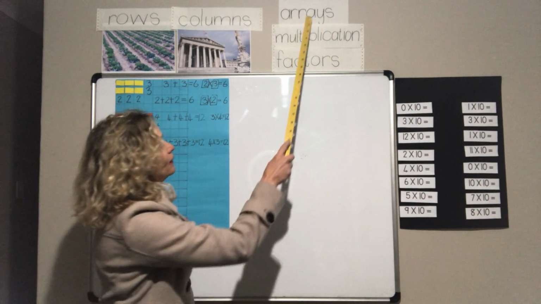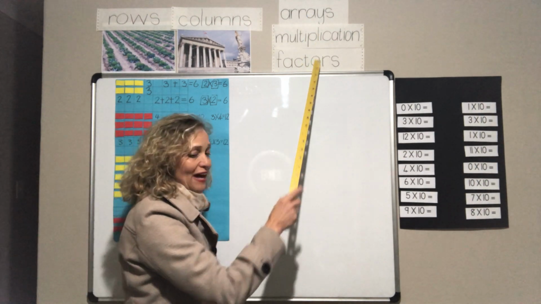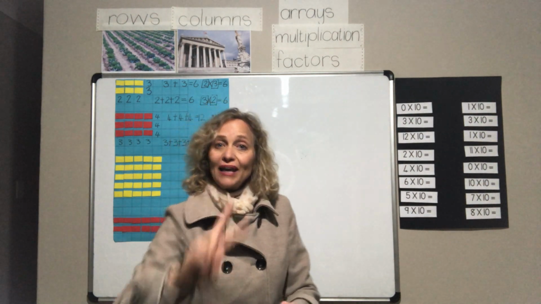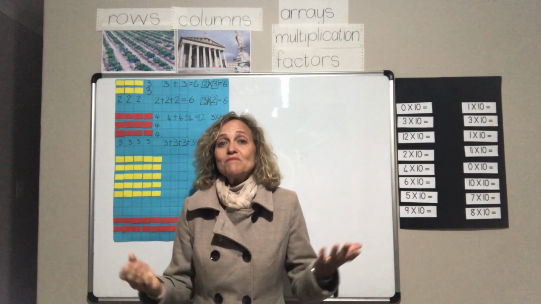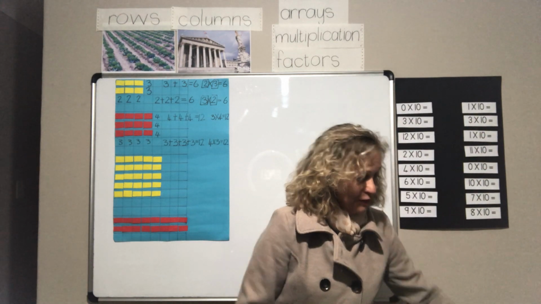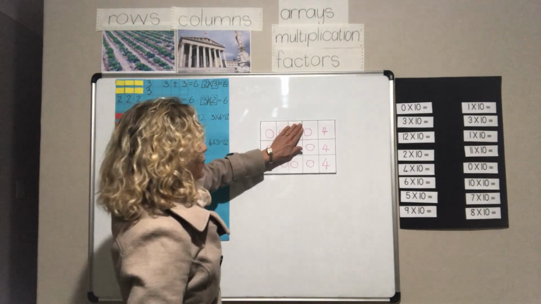We are talking about arrays, multiplication, and also factors. I want to show you today how we can swap the factors around in multiplication, and one of the best ways to see that is through arrays. Here's a very simple example. I've got these blocks here.